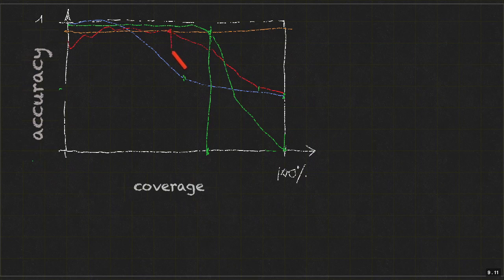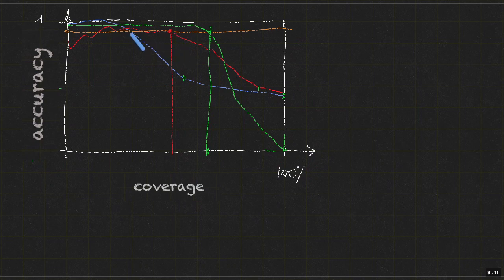And this is the coverage for red. To compute this dot, we don't go from here, we go from this line, because on the bulk, on half of the data, the red classifier will provide the required accuracy. The fact that it's very bad when it's highly confident doesn't mean it's bad on average. On 50% of the population, if you choose an appropriate threshold for the red classifier, it's always about choosing the threshold as I described before.